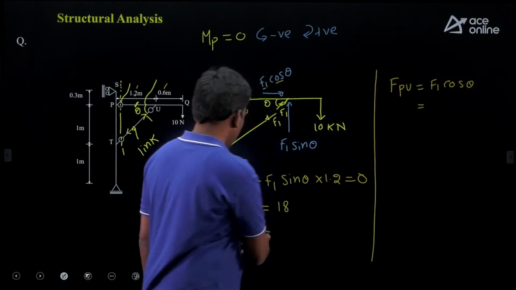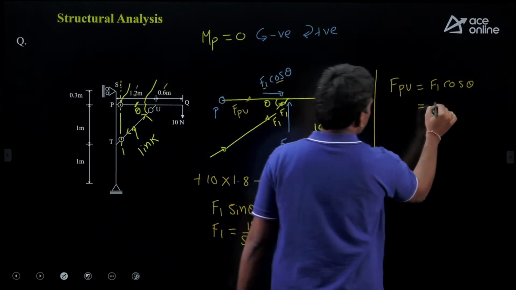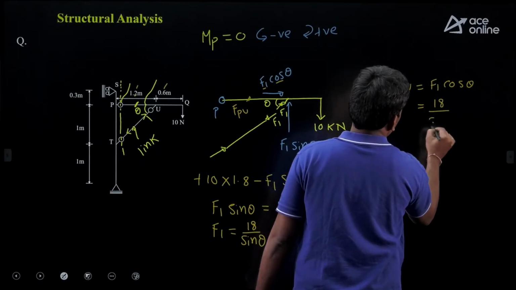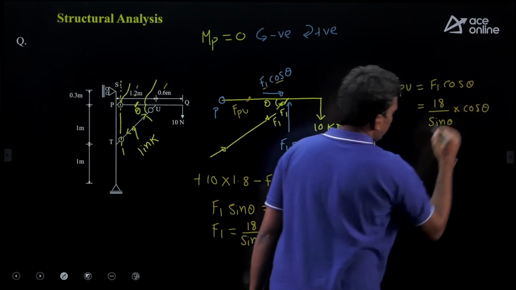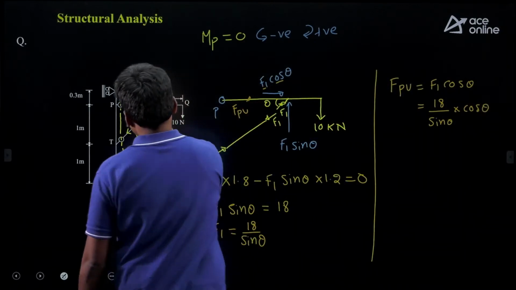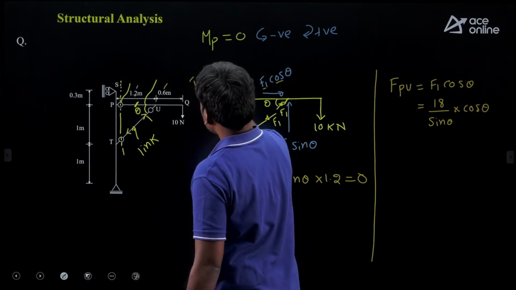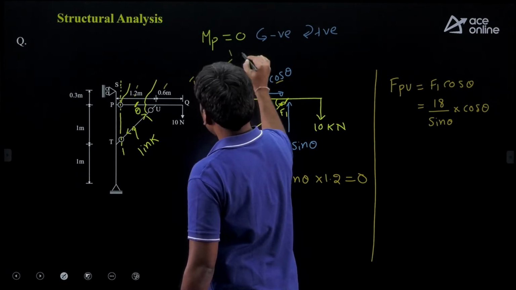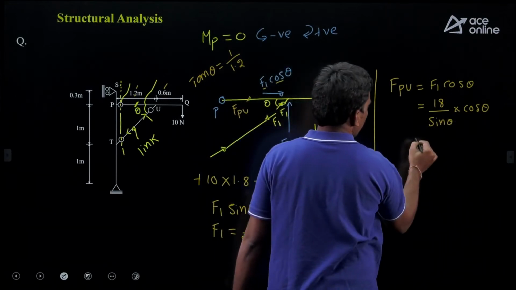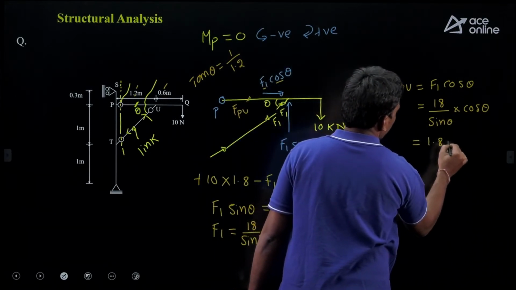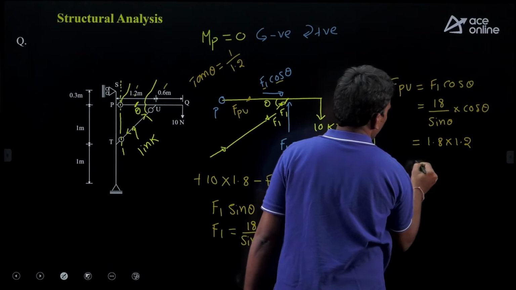From this we got the F1 value, 18 divided by sin theta, into cos theta. So what is tan theta here? Tan theta equals 1 by 1.2. Then this is cos theta, then this is 1.8 into 1.2.